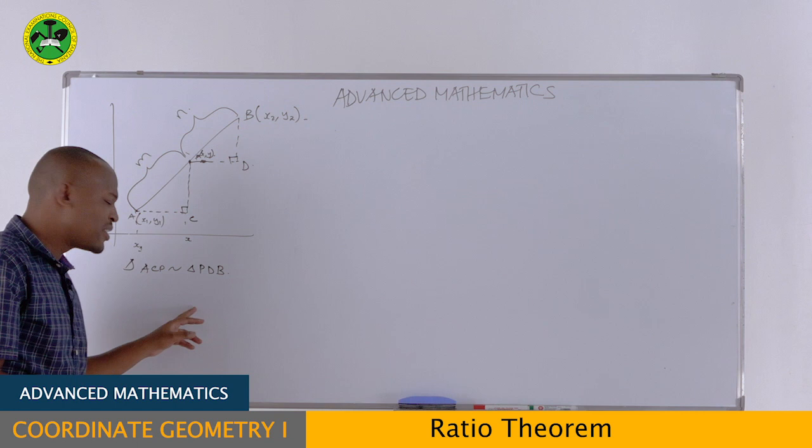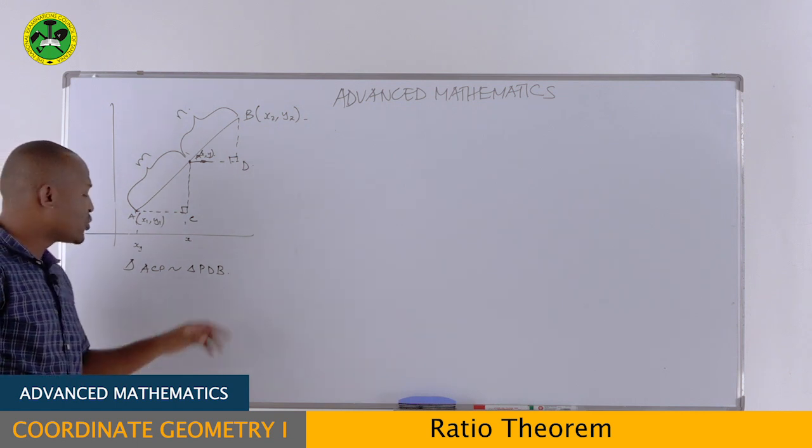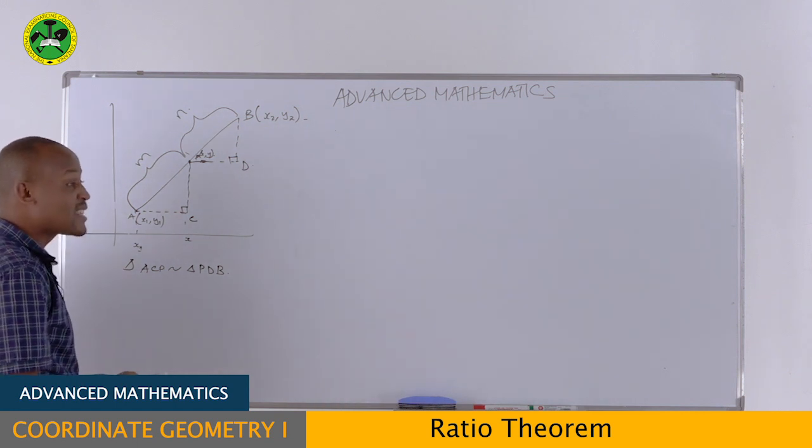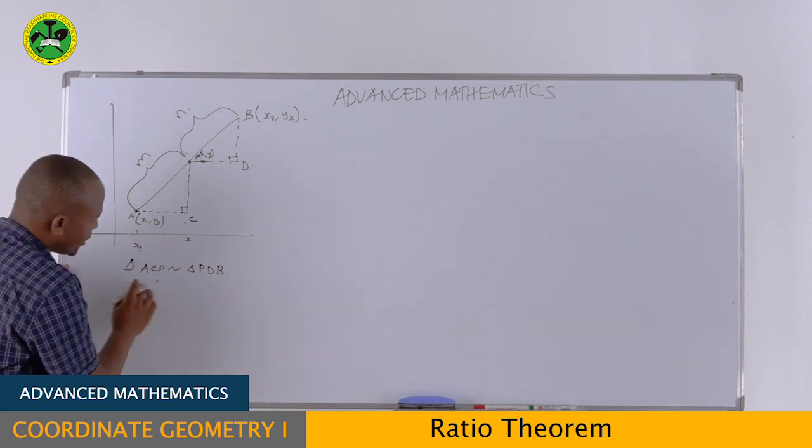Now, if the two triangles are similar, we can also show the ratios. That means the ratios of the distances are also equal.